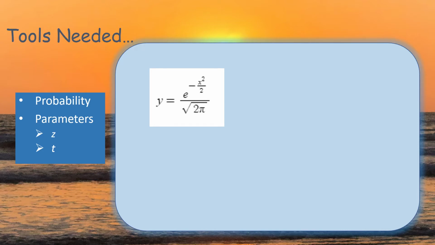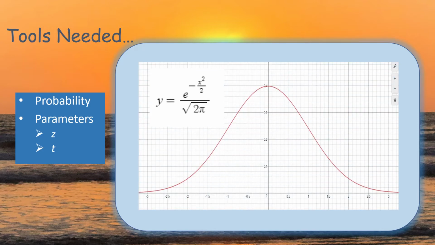So that's what we were working with at the end of the last section, and this is what it looks like. So this whole region here underneath the curve sums to 1, and that is true about all probability distributions. So we'll be learning all about that as we go forward, but I just wanted to give you a heads up as to what we were going to be covering.